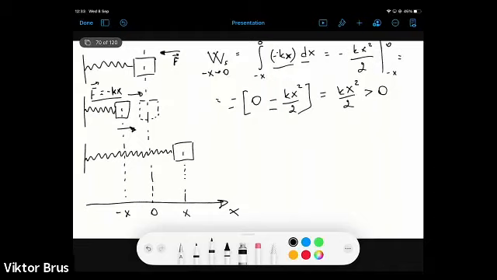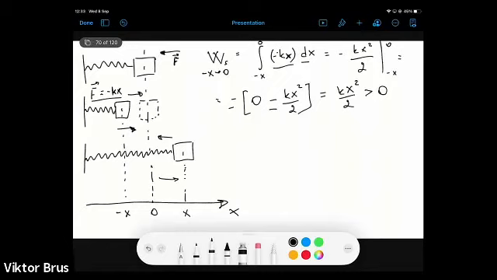In this case, from 0 to x, our object is moving from left to right. However, starting from position 0 and further to positive x, our spring force will change direction and will be pointed backwards.